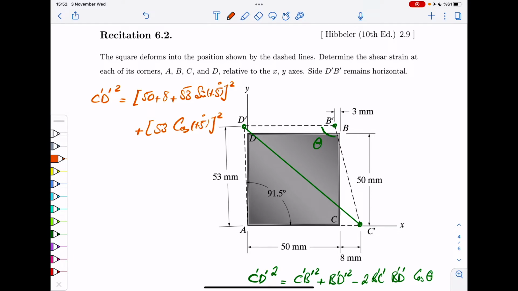Does that make sense? So this 53 cosine of that angle is basically this height.